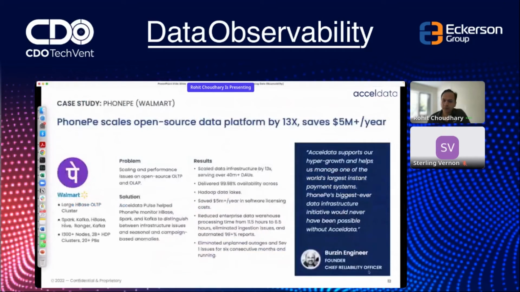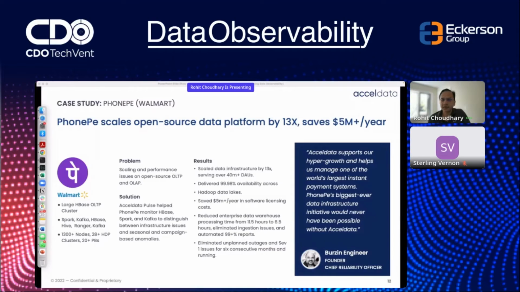I do want to talk about one of the use cases, and maybe another one if time permits. PhonePe is a Walmart subsidiary, and this year they're on course to process about $1 trillion on their platform in peer-to-peer, low-value transactions. The challenges they had were very different from those of many other enterprises.